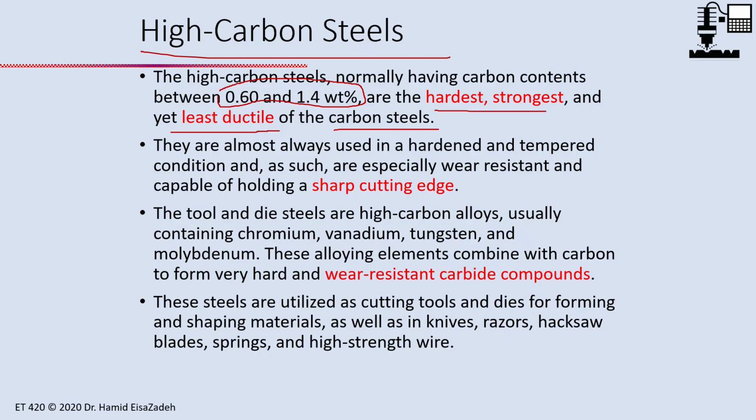They can be used as a sharp cutting edge because of, again, the high amount of carbon in these alloys. We can use them as tool and die, and they can have a high amount of carbon, chromium, vanadium, and tungsten. Some applications of this steel are knives, razors, hacksaw blades, springs, and higher strength wires.